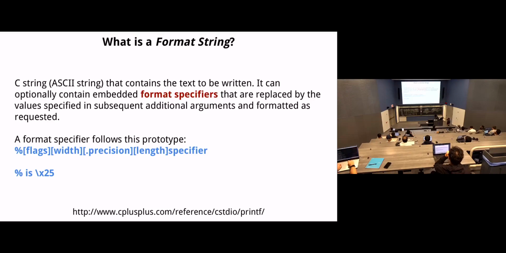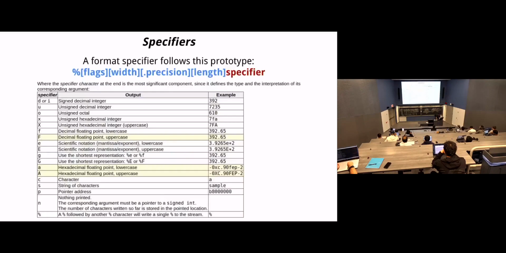Between that, there could be some options: flags, width, precision, and also length. Let's see more examples here. First is the specifier. How many specifiers are there? There are like 15, 20 specifiers.